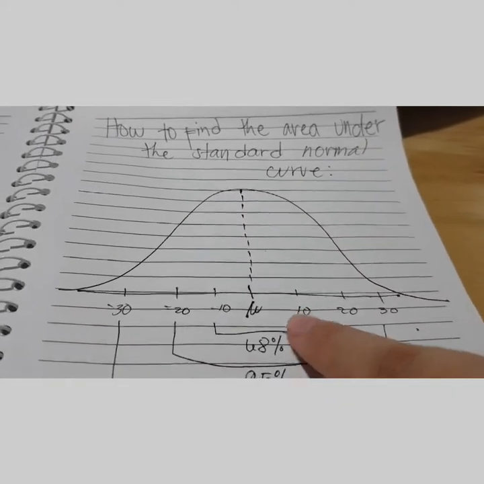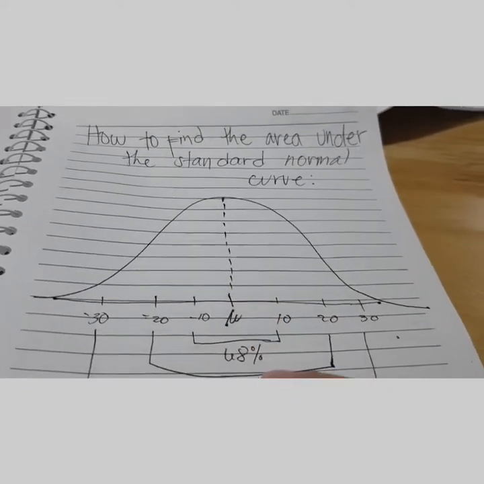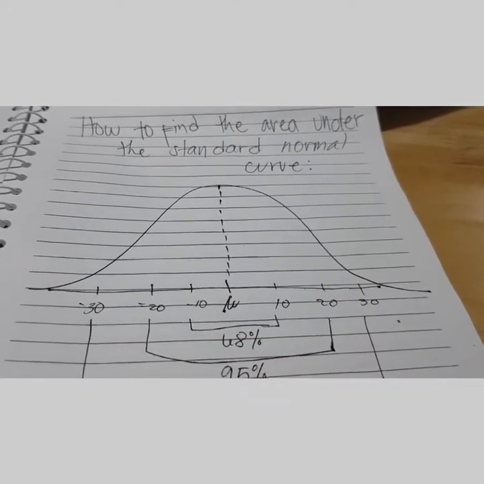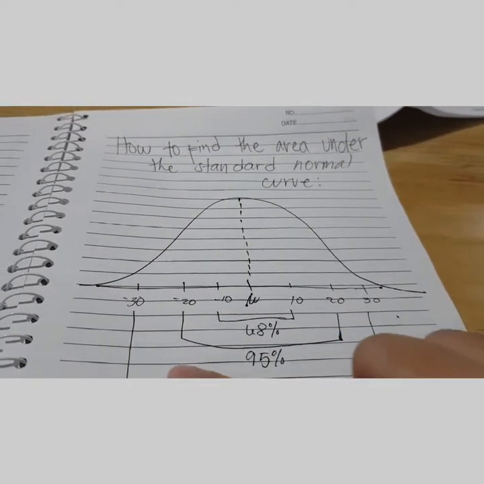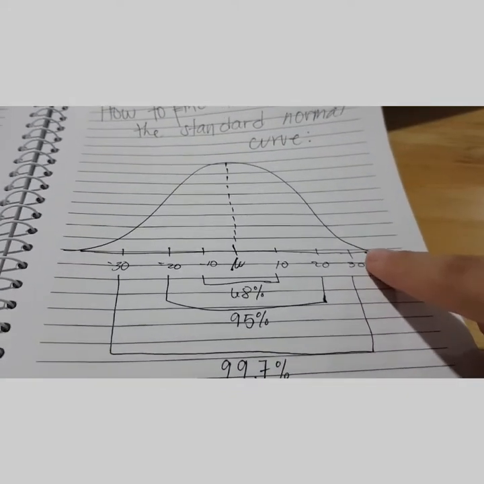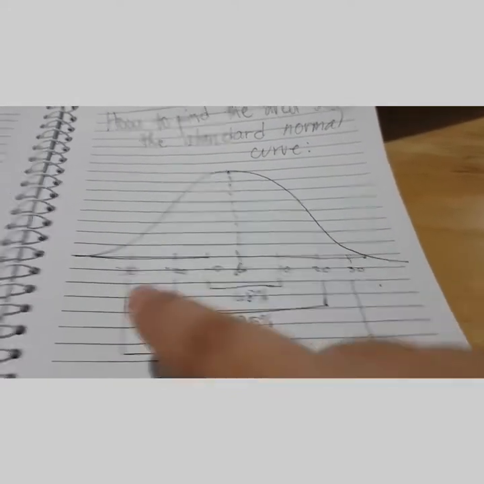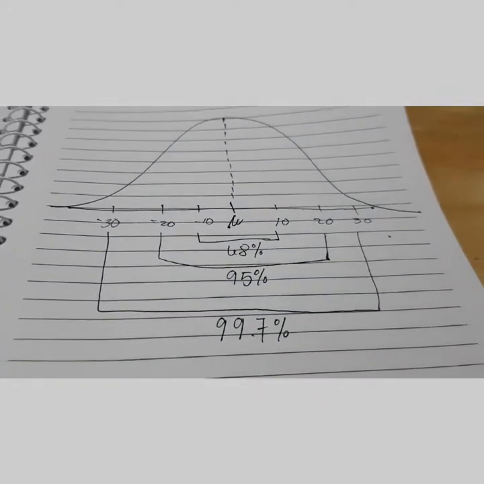Kung 1 standard deviation, positive or negative, ay mayroong 68% of your data. And the 2 standard deviation, positive or negative, you have 95% of your data. While the 3 standard deviation, positive or negative, you have 99.7% of your data.